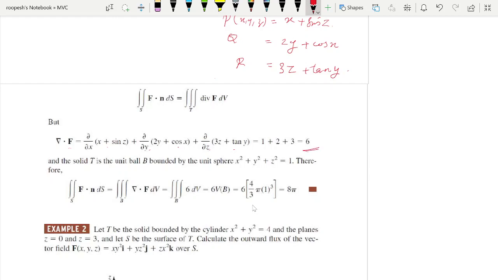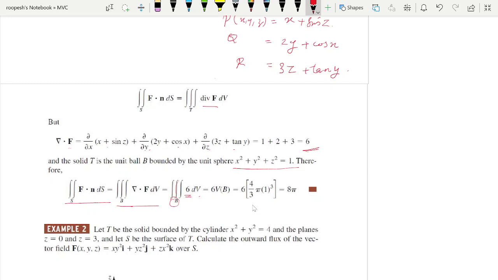And the solid T is the unit ball B bounded by the unit sphere. Now this integral will become the triple integral over B of del dot F dV. But del dot F we have found to be 6. So it is the triple integral over B of 6 dV.